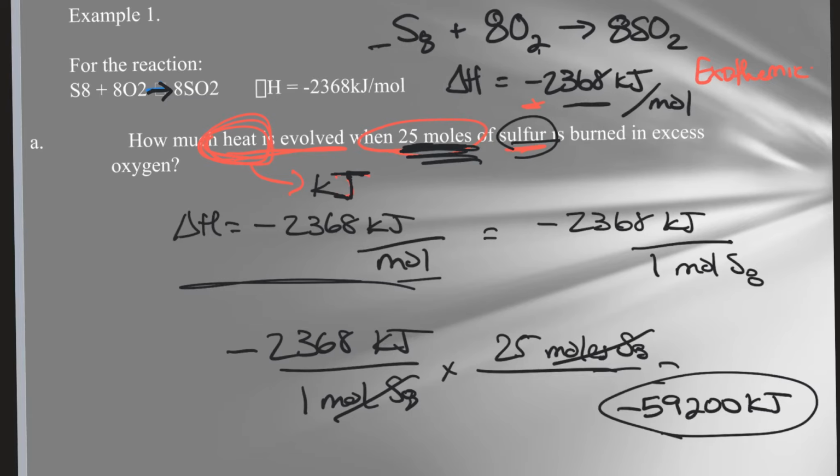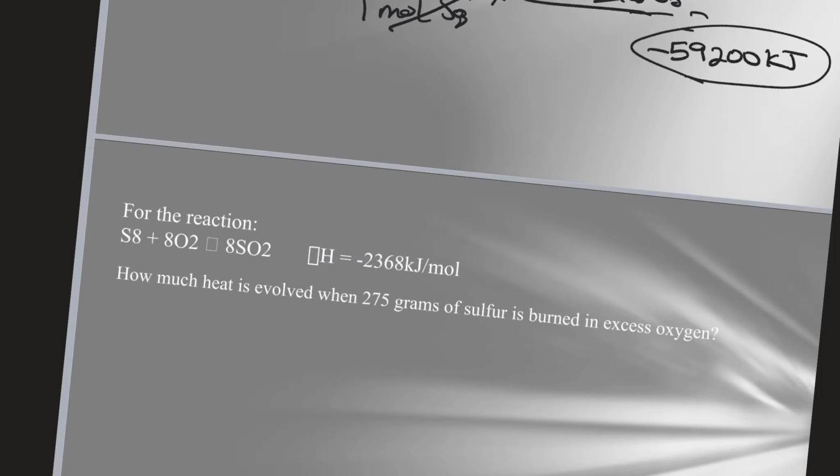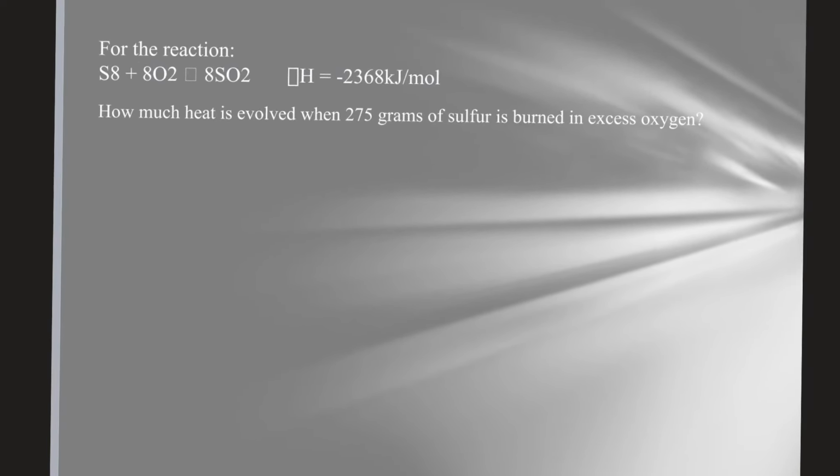But let's go through more examples. Second example, same equation. How much heat was involved if you had 275 grams of sulfur that's burned with excess oxygen? Once again, enthalpy is always kilojoules per mole.